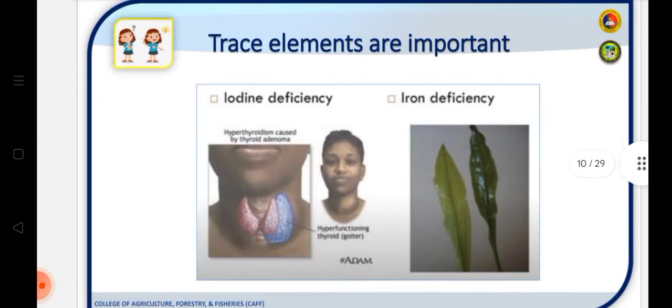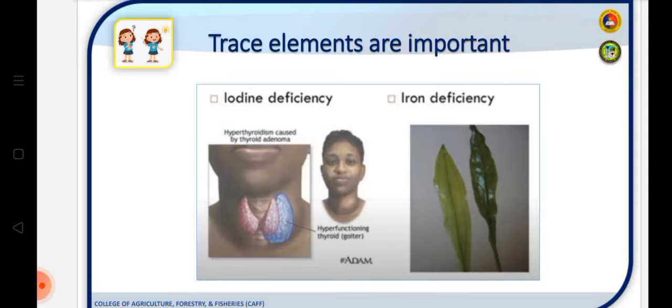We have mentioned that trace elements are also essential. So what happens if we have deficiencies in these trace elements? If we are deficient in iodine, in humans the effect will be hyperthyroidism caused by thyroid adenoma. Meaning the person has a hyperfunctioning thyroid, and this will result in goiter.